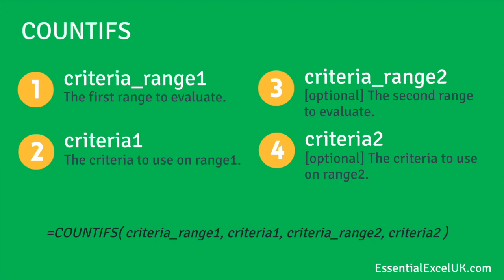So rather than COUNTIF, which might say count everything that happened on a Monday, COUNTIFs will allow us to count everything on a Monday that also aligns to a particular person's name or any other piece of information that you require. And at the bottom there you've got the COUNTIFs formula in its entirety as well.